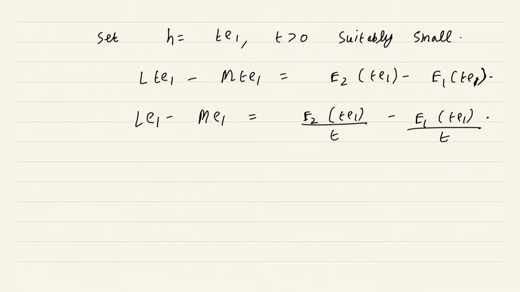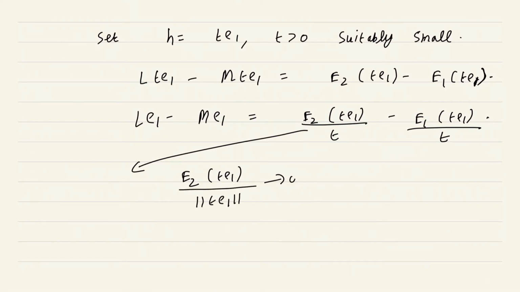Just focus on this. We know that e2(te1) by norm te1 goes to 0 as t goes to 0, but since we are in the Euclidean setting and e1 is a standard basis vector, norm e1 is just 1.